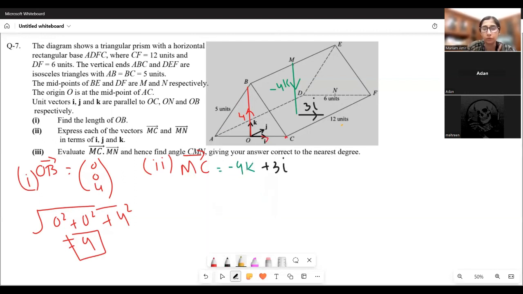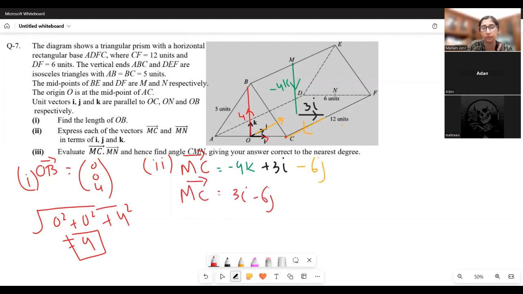And now we're going to move in this direction. That's going to be half of 12. So 6J, in the direction of J but opposite. We are coming this way and J is going this way. So that's going to be minus 6J. So now write this alphabetically. 3I minus 6J minus 4K.